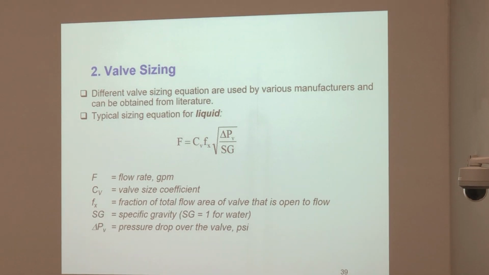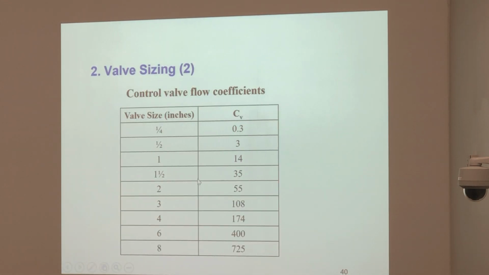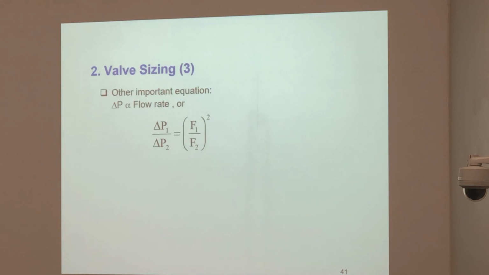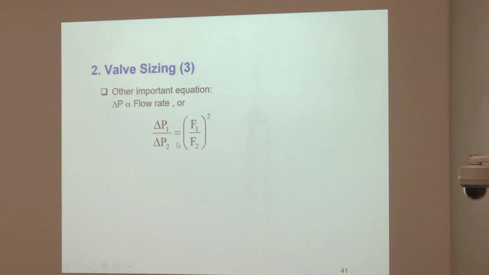Besides this formula, there's another very important formula. The first one is F equal to CV Fx square root of delta P divided by Sg. The second one is delta P1 divided by delta P2 equal to F1 divided by F2 to the power of 2. So these two formulas are very important for you to size the control valve.